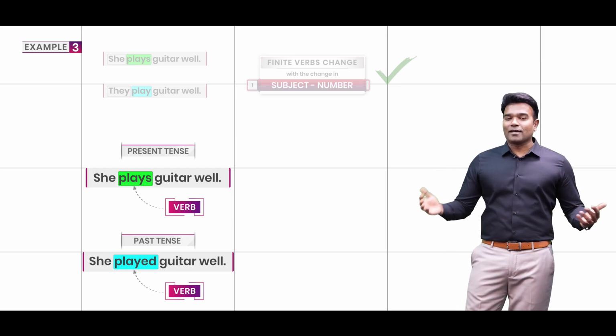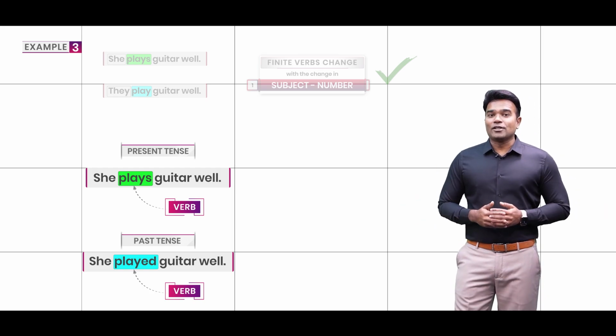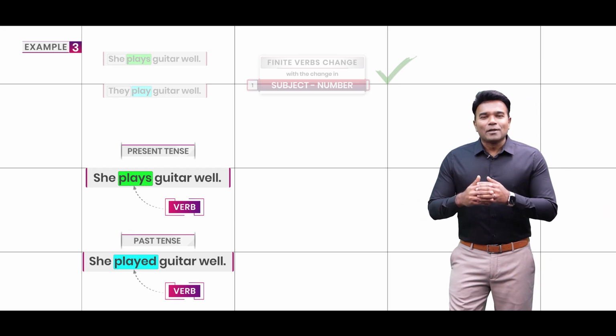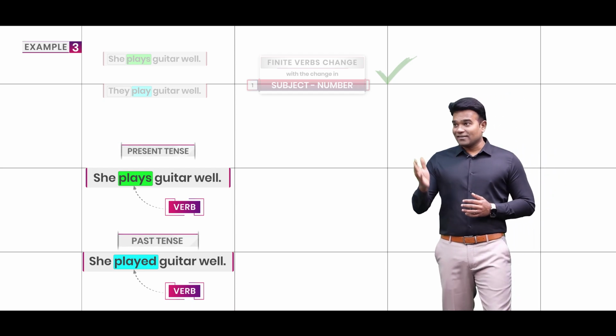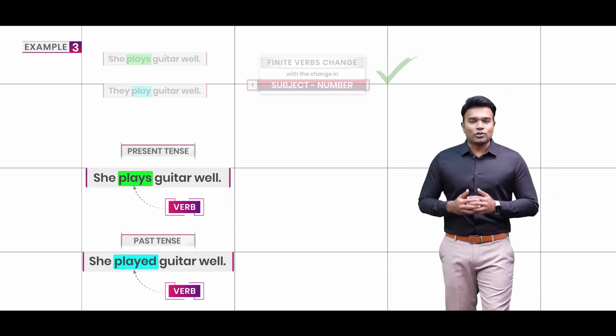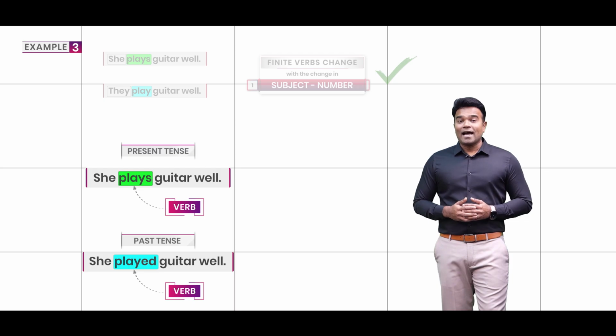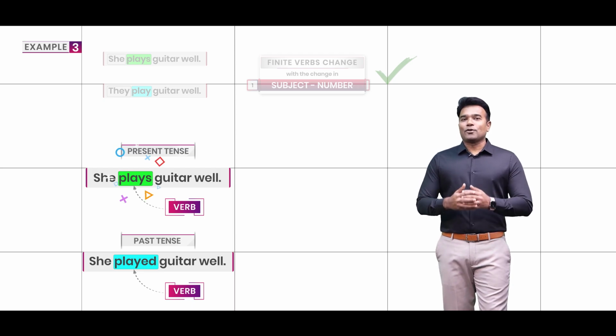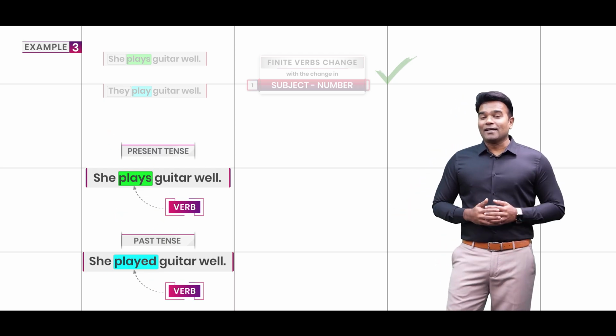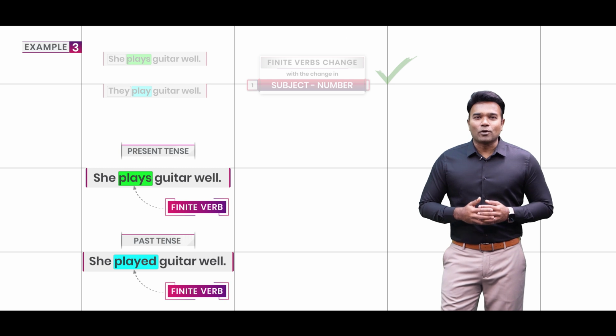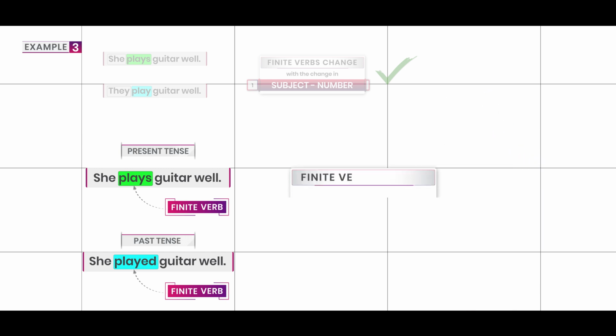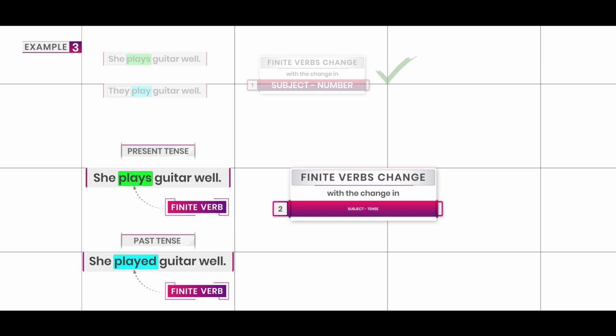So, what it effectively means is that whenever there is a change in the tense of the sentence from the present to the past, the corresponding verb also changes from plays to played. And because the verb is changing from plays to played, we identify these verbs as the finite verbs. After all, the finite verbs happen to be such verbs that change whenever there is a change in the sentence's tense as well.